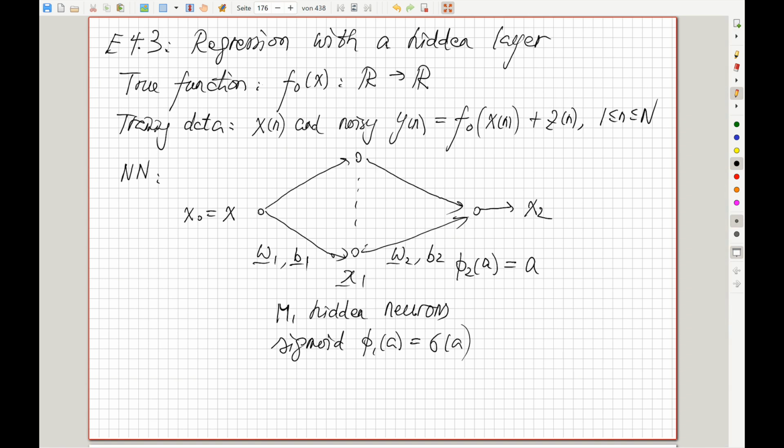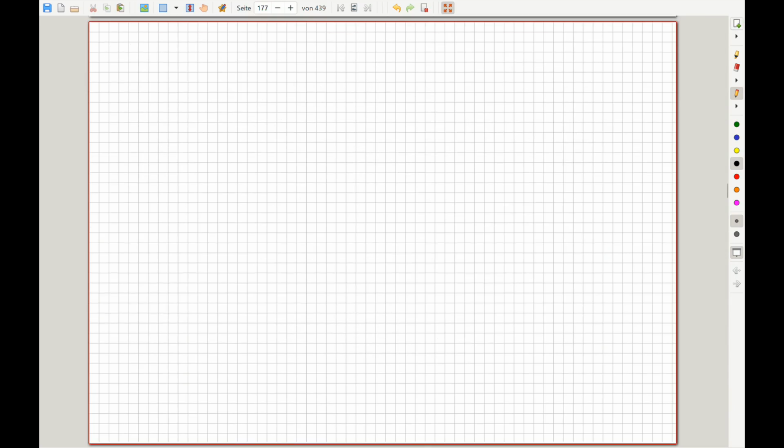Now we can derive the mathematical relationship. I can formulate the overall output x2, the output of the network, as a function f of the overall input x, and this function f described by the neural network is determined by the model parameters theta containing all the weight parameters and biases.